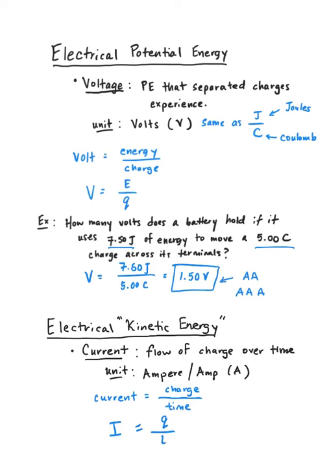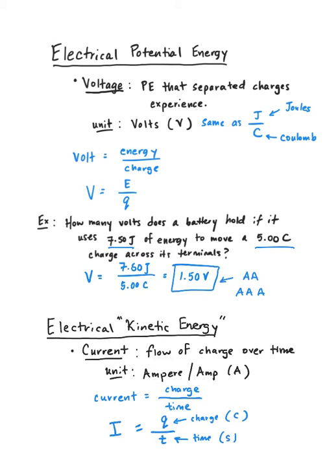I is equal to Q over T. Here, Q is our charge, measured in coulombs. T is time, measured in seconds.